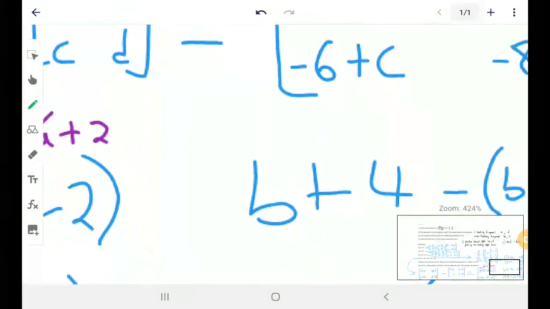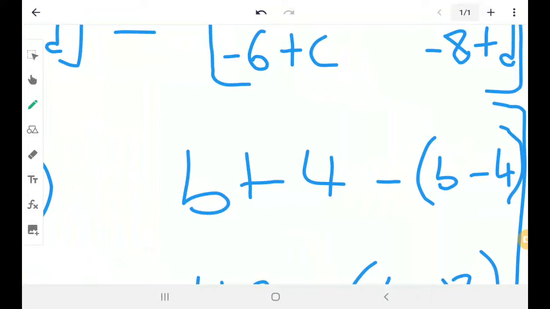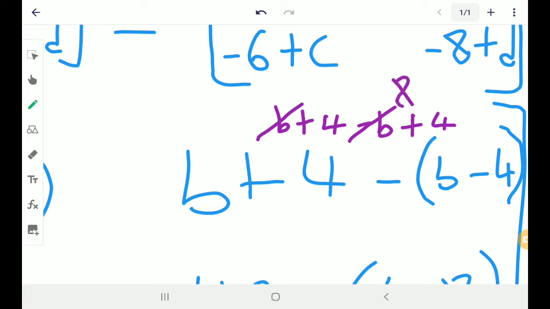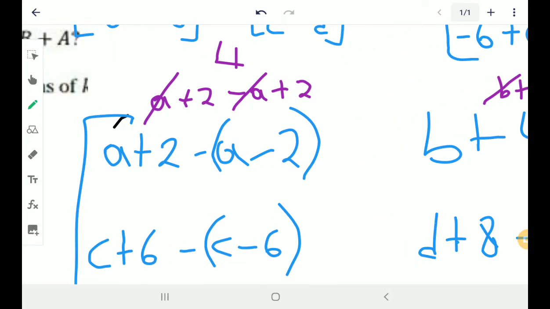Alright, our next element, same procedure. This would be B plus 4 minus B plus 4. So this will cancel that. 4 plus 4, 8. Alright, this would be C plus 6 minus C plus 6. So that will cancel. Let's see.